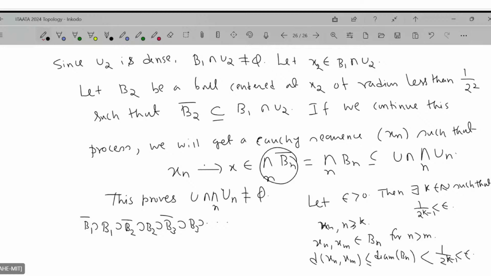Suppose it is possible that the irrational numbers are meager. Okay, first let's try to show, we know that the union of two meager sets will be meager. So if we can prove that R is non-meager, then we are done. Then the set of irrational numbers will be non-meager.